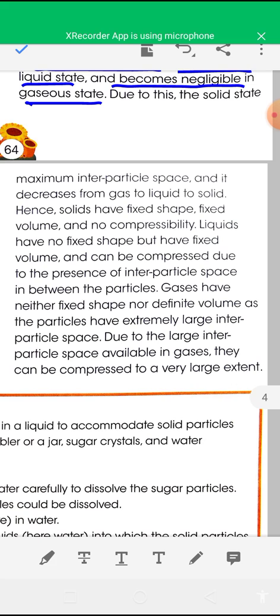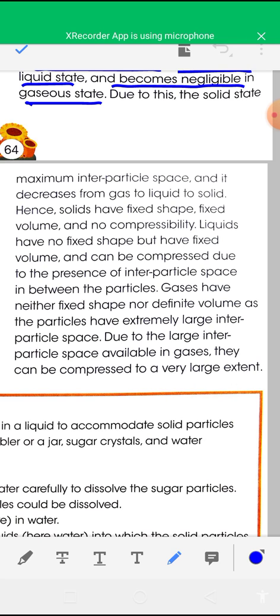So interparticle space decreases from gas to liquid to solid. Hence, solids have fixed shape, fixed volume, and no compressibility.